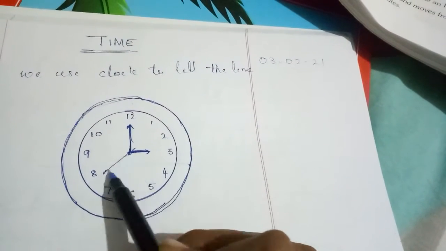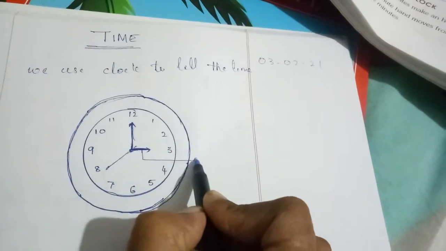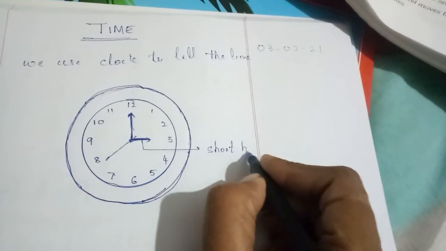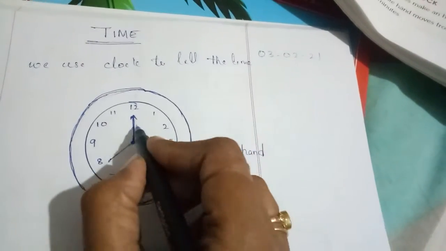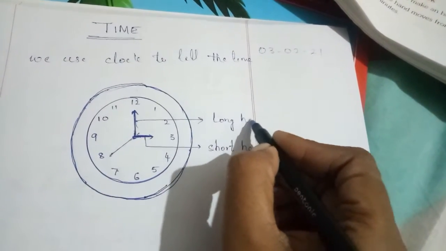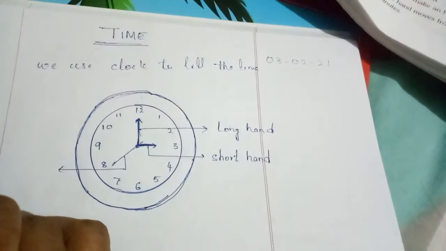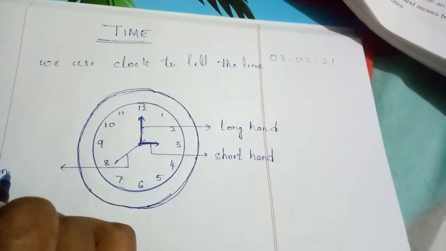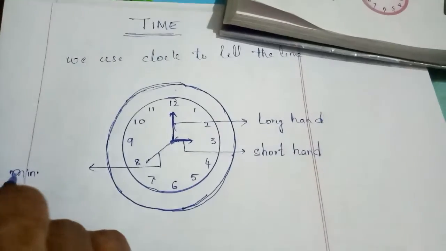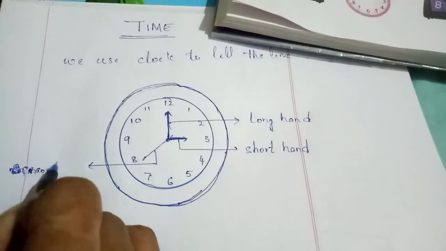In a few clocks three hands will be there. What do we call this? Short hand. This is called short hand. This is called long hand. And this is called the seconds hand.